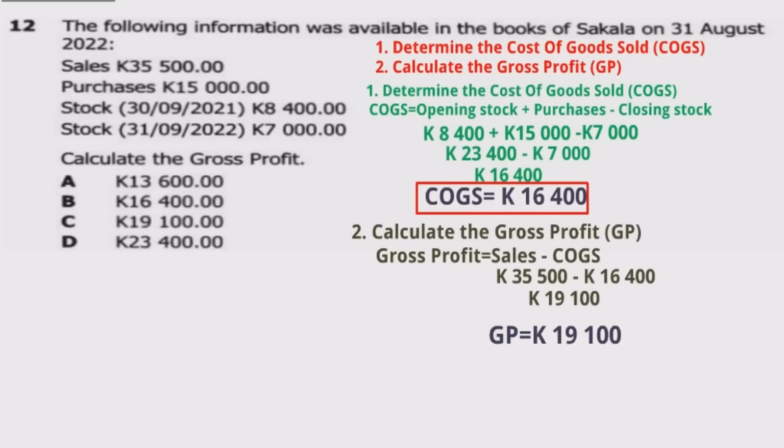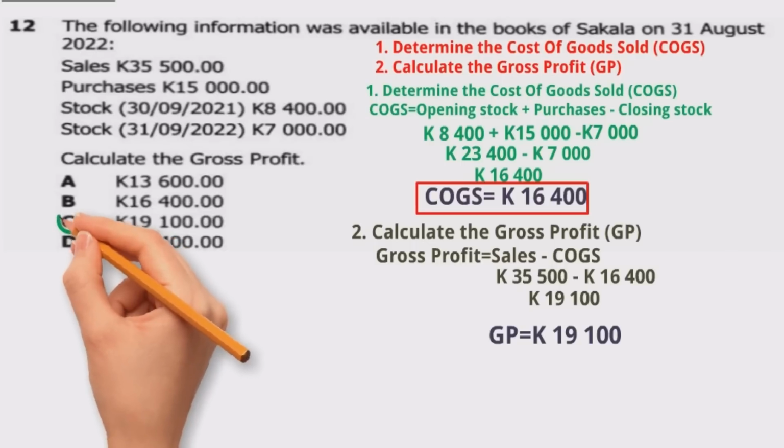From the information in Sakala's book, we can calculate that Mr. Sakala made a gross profit of 19,100, and we can take that as the correct answer. When we go to the options given, we have A, 13,600, no. B, 16,400, no, this is the cost of goods sold.